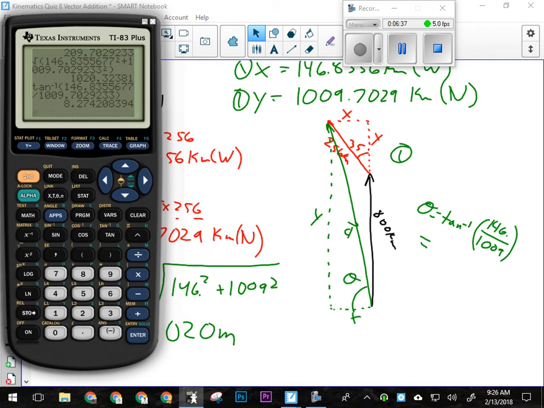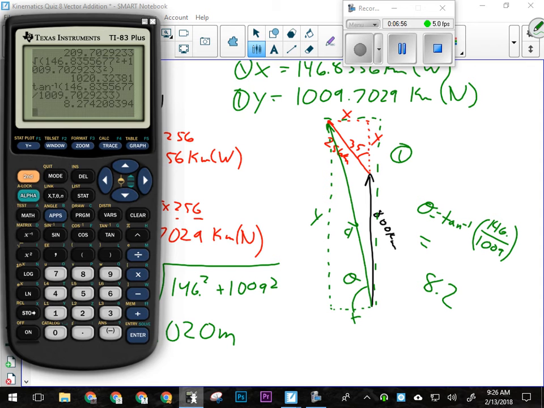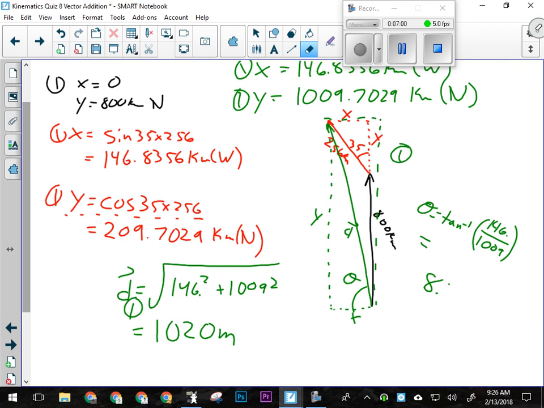Whoops, I did that backwards. Sorry, it doesn't matter. If you drew the triangle that way, you're going to get an angle of 8.3 degrees west of north.